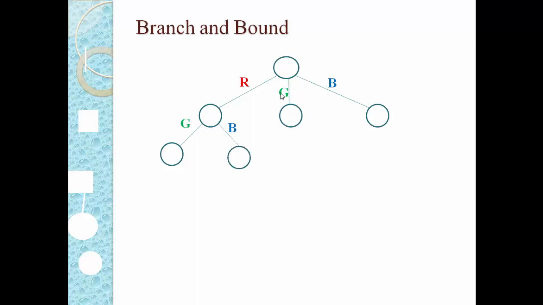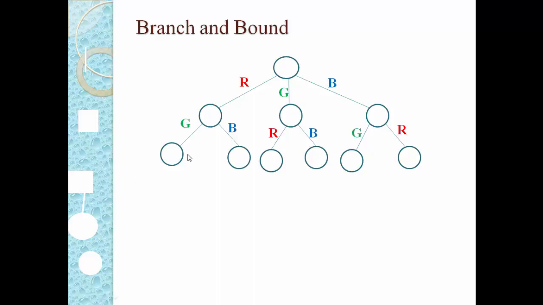Same way, we already selected green, so either we can select the red object or the blue object. Here we have selected blue, so we can select either the green object or the red object. See, here we are using the breadth first search concept. We are just filling objects breadth wise, or we can say level by level.